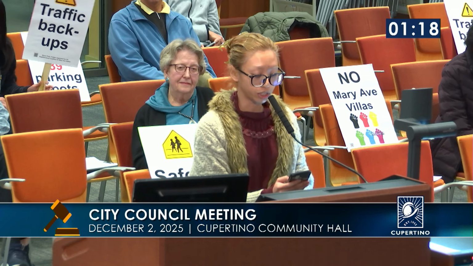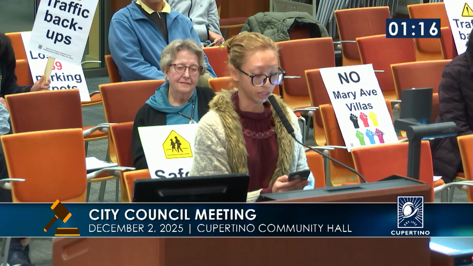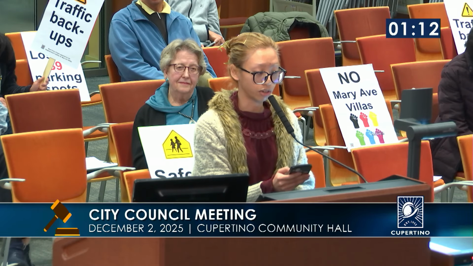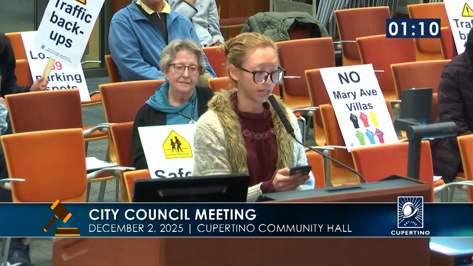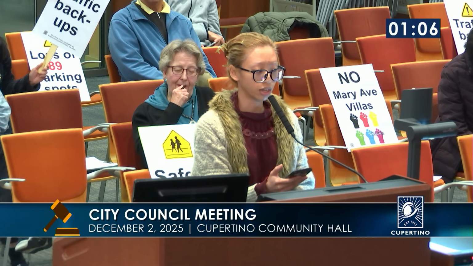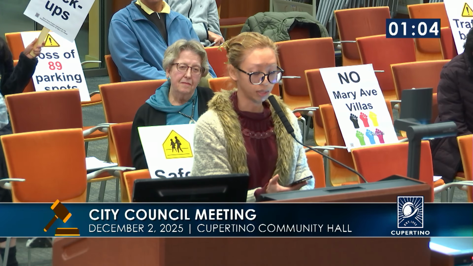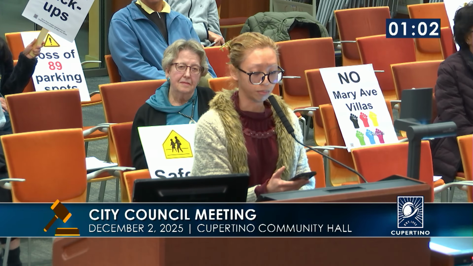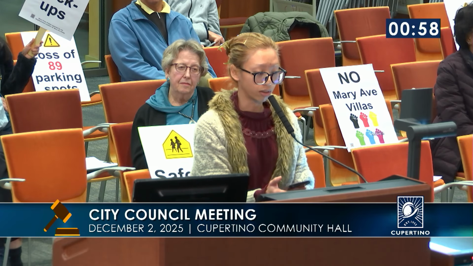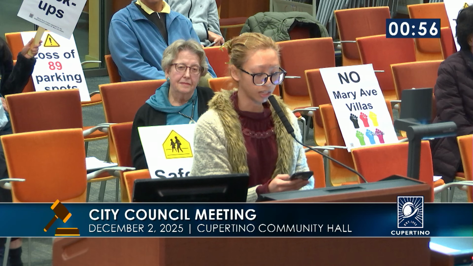Cupertino is home to 325 people with developmental disabilities, including 122 adults that deserve to be living independently. They're not being taken and kidnapped out of their homes. They're choosing to live independently because their elders who are maybe looking after them are growing older, and they cannot afford market rate rent and would like to live independently.